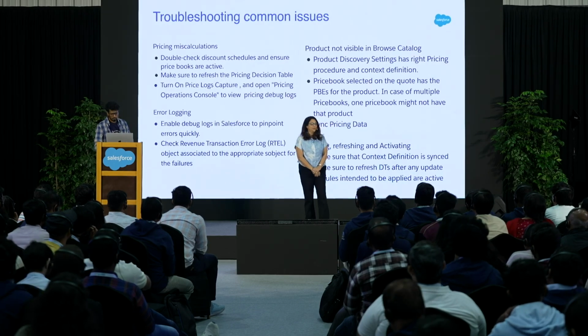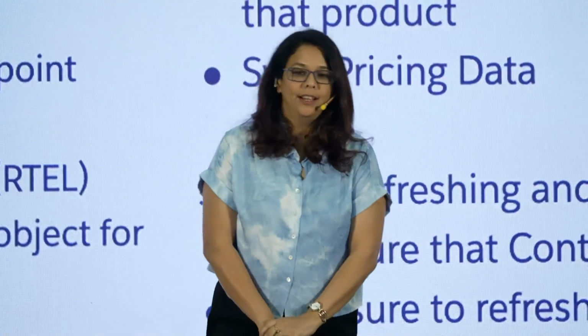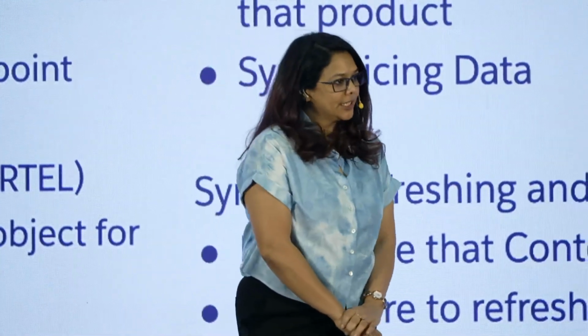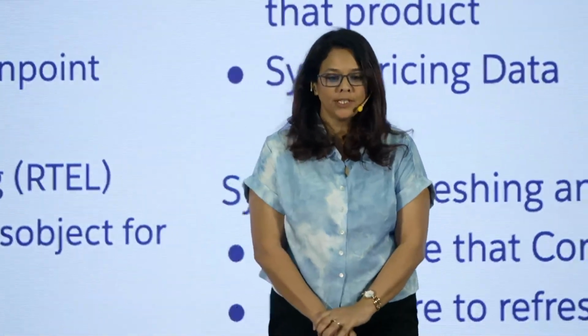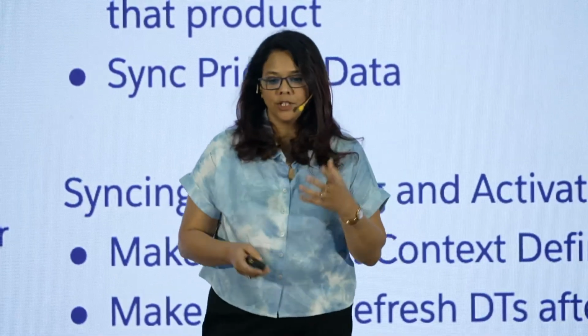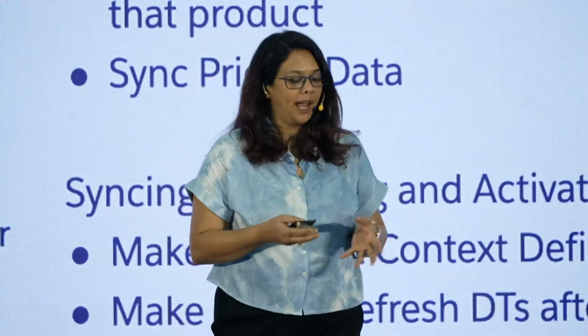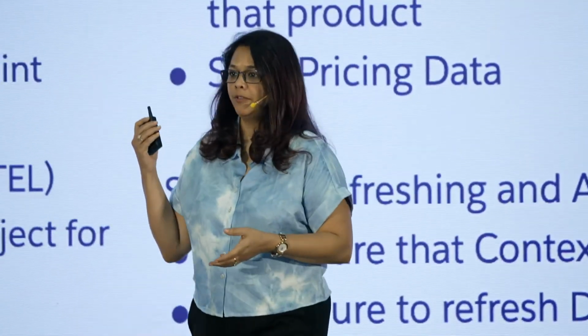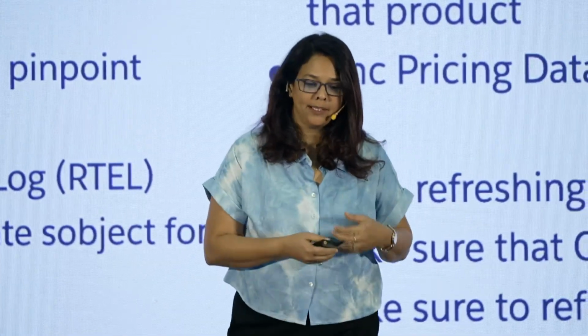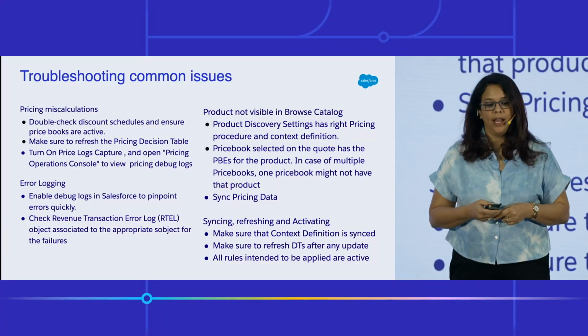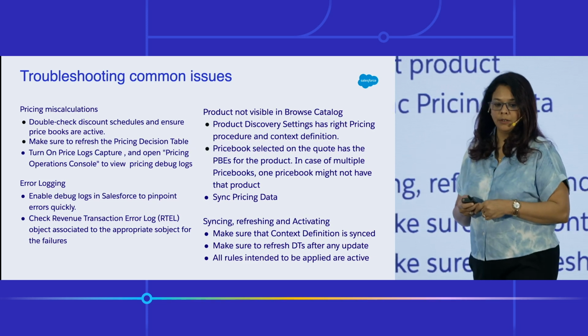All right, troubleshooting common issues. Pricing miscalculations, right? If you are seeing pricing miscalculations, double check the discount schedules, ensure that price books are active, make sure that you have refreshed the pricing decision table. You can turn on the price logs capture and open operations console.